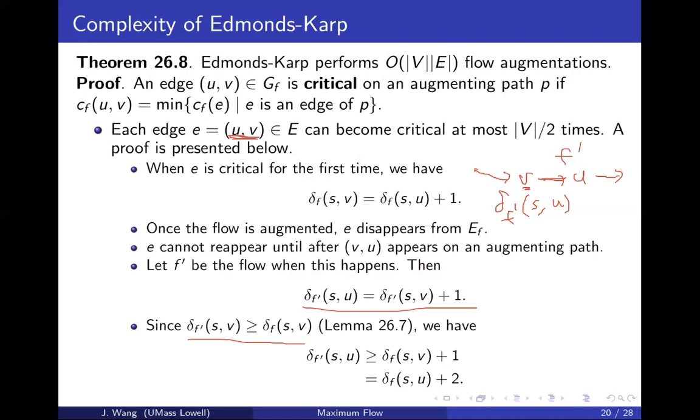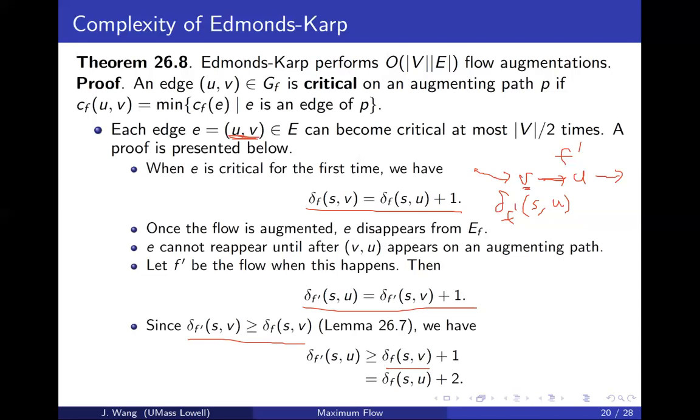Then from here we get that this is greater than or equal to delta F SV, and delta SV is equal to delta SU plus 1.